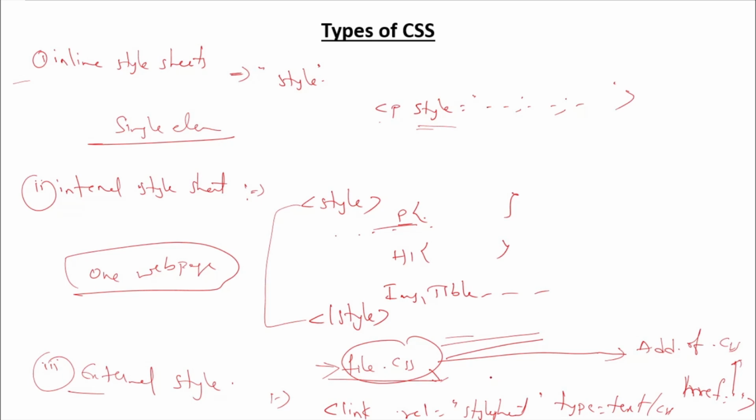Suppose this file.css is attached to 10 web pages. If we unexpectedly update this file.css, modifying it or removing one particular selector, automatically these 10 pages will be affected. That is a drawback in the external style sheet.